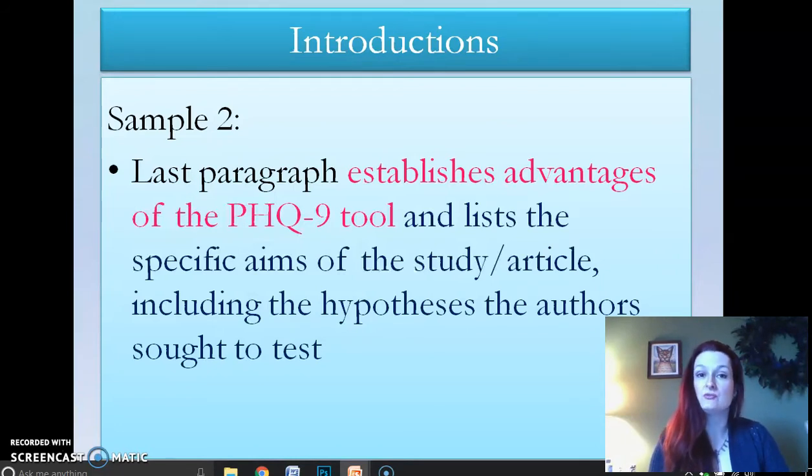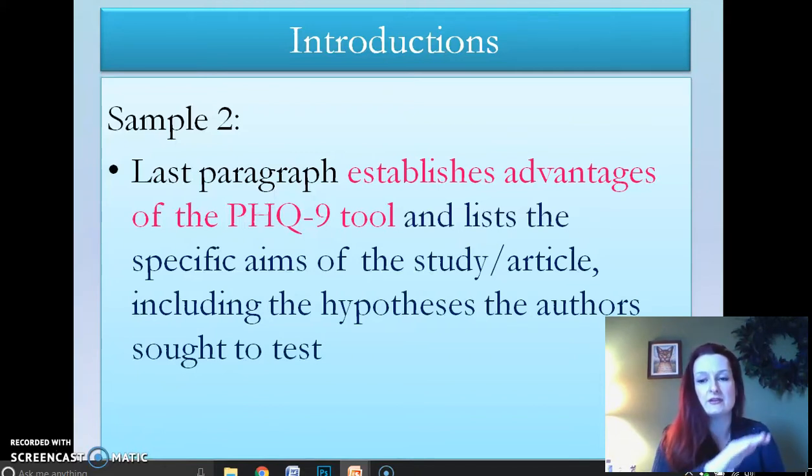And we have a tool for identifying depression, but it's kind of cumbersome, it's kind of long, and we need a better one to address that issue of physicians feeling like they're not comfortable asking these kinds of questions, that they don't have time to ask them, et cetera, et cetera.